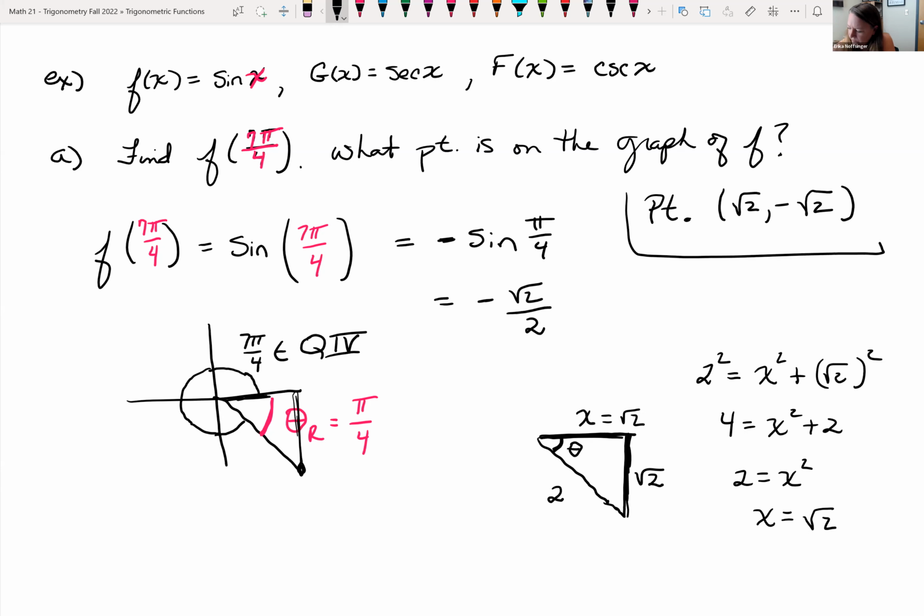So we found our point that would be on that function of f. And we found our value of f of 7 pi fourths, which was negative root 2 over 2.